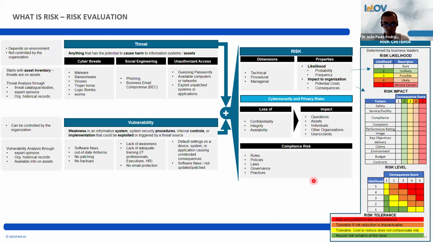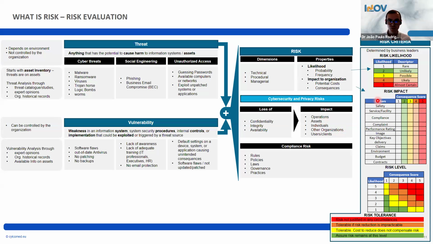And as for properties of the risks, we have the likelihood, which is the probability or frequency of occurrence of a risk. We have an example here on the right, risk likelihood, which has a scale from 1 to 5, being 1 a rare event of occurring, and being 5 almost certain to occur.